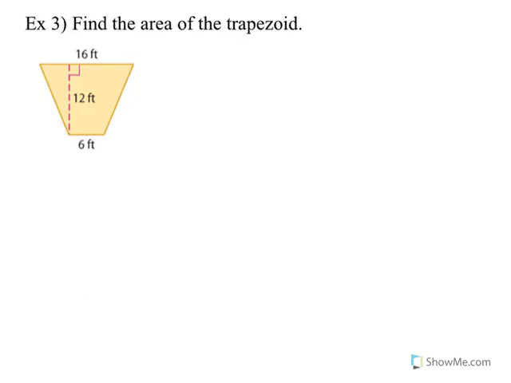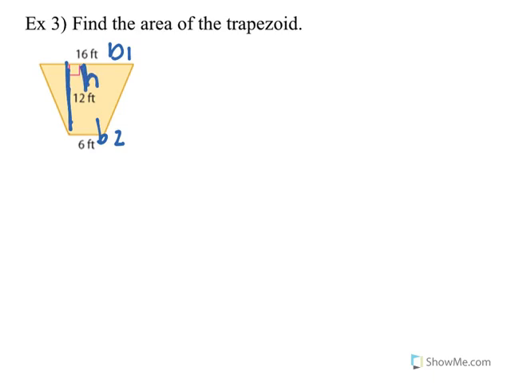Okay, let's keep going. So we found the area of a parallelogram and we found the area of a triangle. What about a trapezoid? So this is an example when they give you everything you need. When it comes to a trapezoid, it does not matter what you call base 1 and what you call base 2. And the height is always the piece in between the two bases.